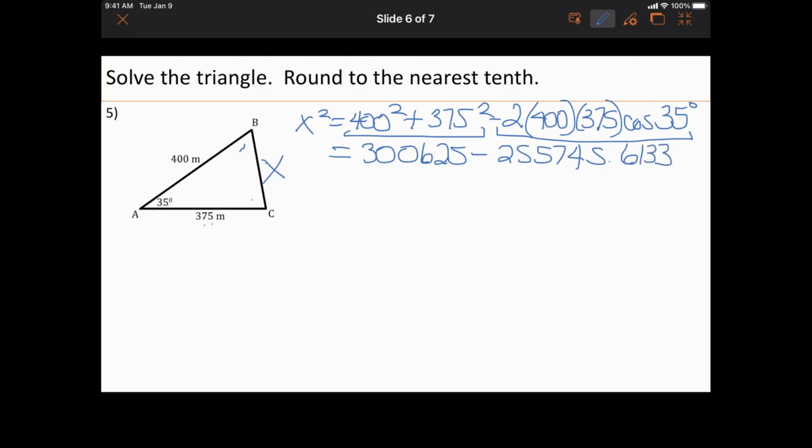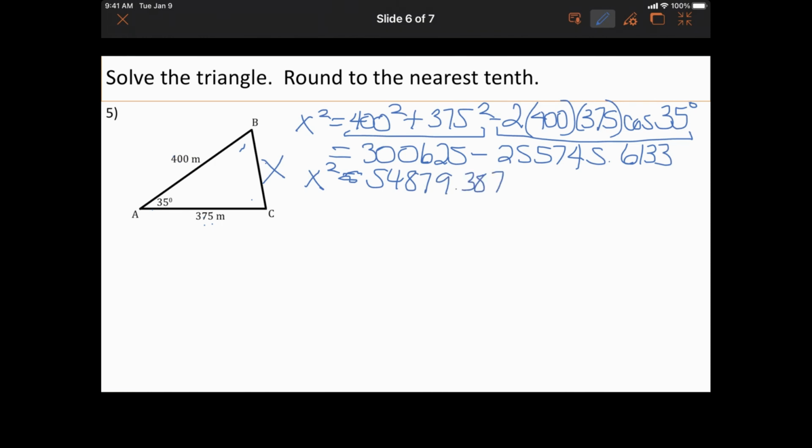I'm going to just reuse the whole thing because it's going to stay on my calculator. Okay. So this then is approximately this.